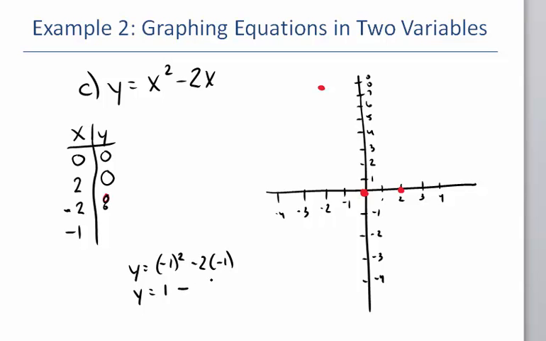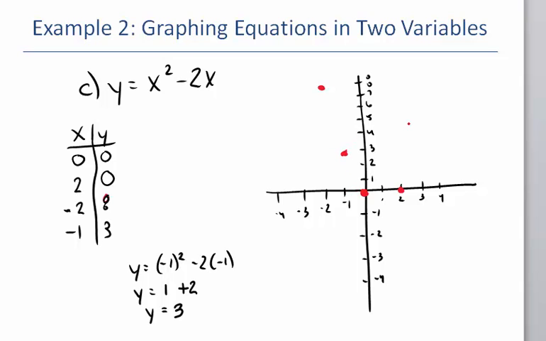Negative 2 times negative 1 is a positive 2. And so y is going to equal 3. All right, and so let's plug that in as well as a point. So let's see, over negative 1, up 3.